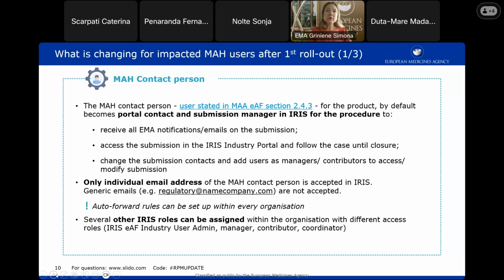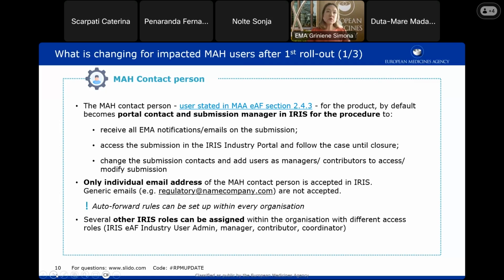It allows the portal contact to receive all EMA notification emails on the submission. This portal contact can also access the submission in the IRIS industry portal and follow the case until it's finalized. In addition, it allows them to change the submission contacts and add other users as managers or contributors to access and modify the submission if needed.